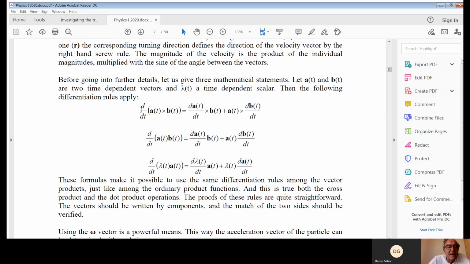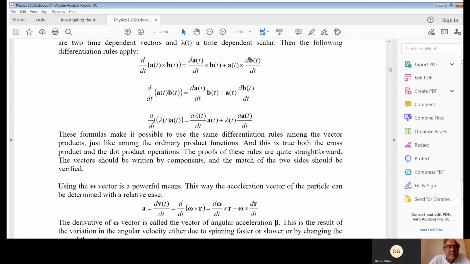If we have a cross product, we can differentiate it in the same way as a simple product function, because we take the first derivative, multiply with the second, and take the first one, multiply with the second derivative. And similarly, in case of dot product, which is giving us a number, a scalar, take the first one, differentiate it, and take the second, and so on.